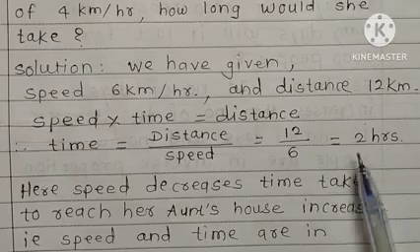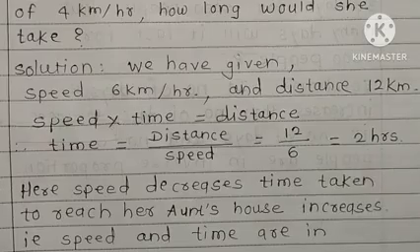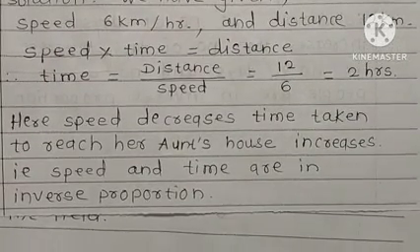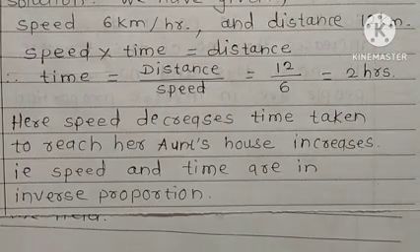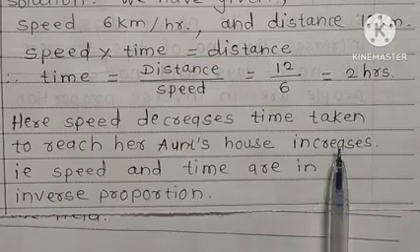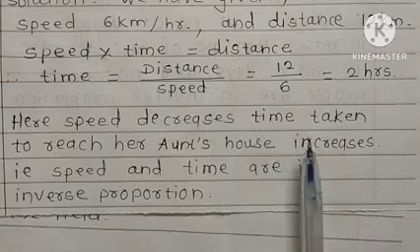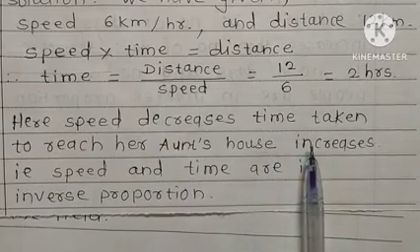Now after getting this time, you can see here speed decreases, time taken to reach her aunt's house increases. So if you decrease your speed, you will take more time.